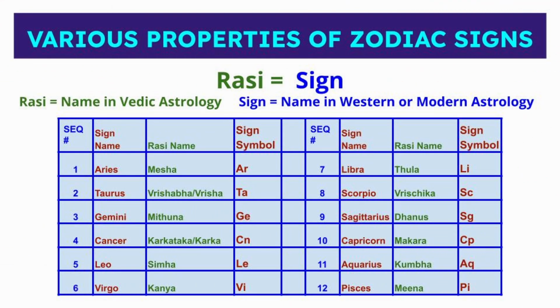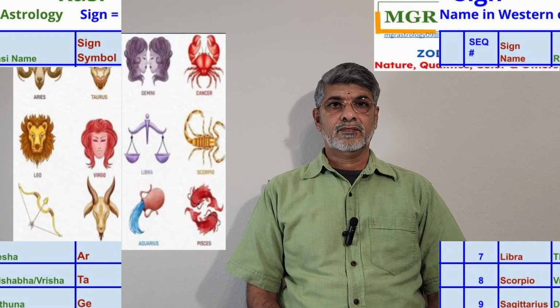Now, you will see the screen where I have shown the sequence of the signs from 1 to 12, their Vedic astrology names and Western or modern astrology names, and also this time I added a two-letter symbol for each sign, generally used in all the zodiac or horoscope.